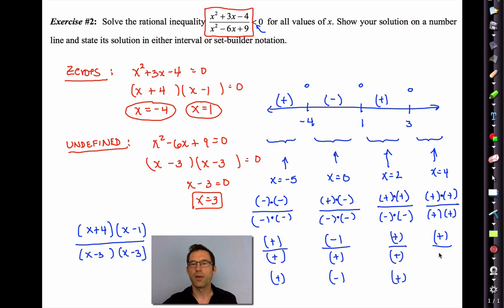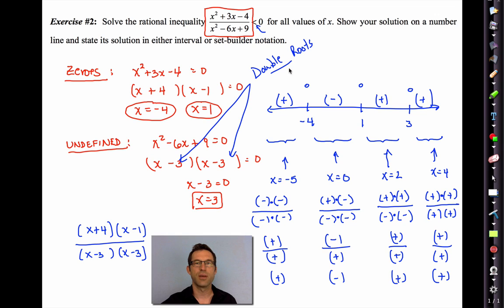And then the denominator, I also get a positive, which gives me a plus. So there the sign didn't alternate. Now that has to do with the fact that x equals 3 was a double root. Signs don't tend to change at double roots. They would at a single root or triple root, but not at a double root.